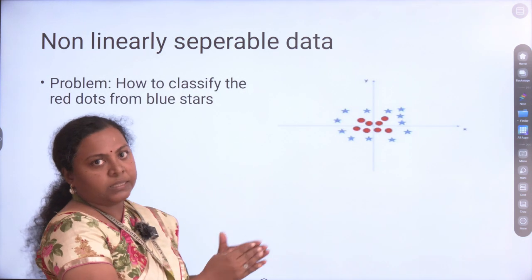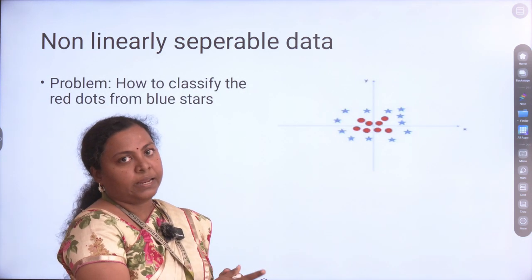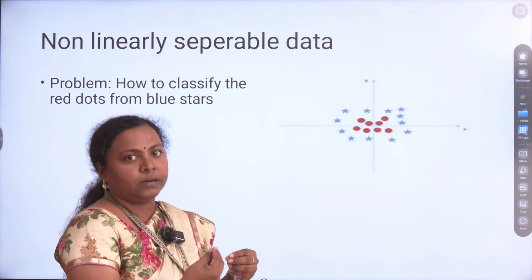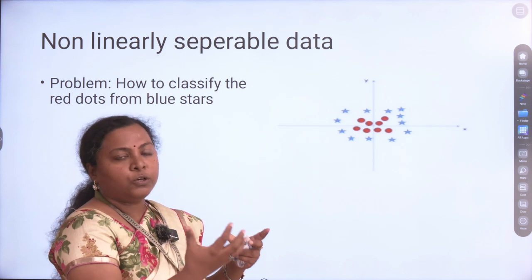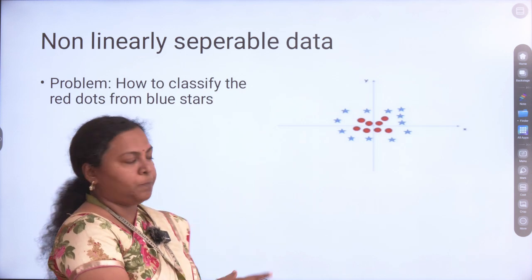So we'll see another type of non-separable data and the different ways we can draw a straight plane to distinguish the data between them.